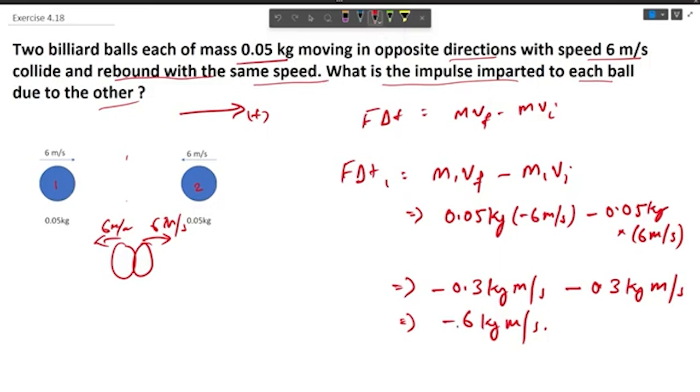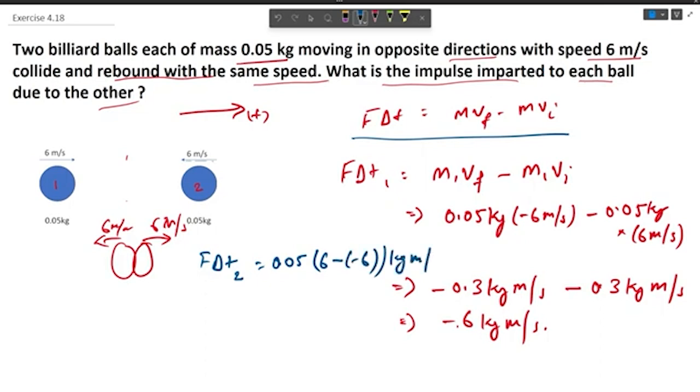Now similarly for ball 2, we can find it using this expression. The initial velocity for ball 2 is in the negative direction, and the final velocity is in the positive direction, so F delta t for mass 2 equals 0.05 multiplied by v final, that is positive 6, minus minus 6, that is v initial, in kg meter per second.